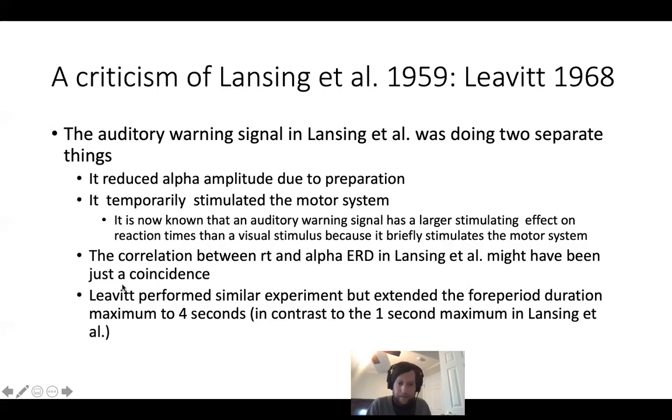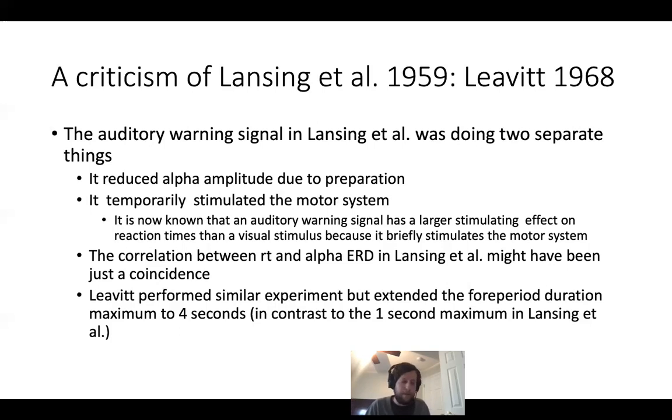In the Levitt study, they wanted to know what happens if we have really long fore-period durations. One thing that is important is that the motor priming that occurs when you hear a sound is transient. It only lasts a second or two, which means the benefit in reaction times might go away the longer you have to wait.